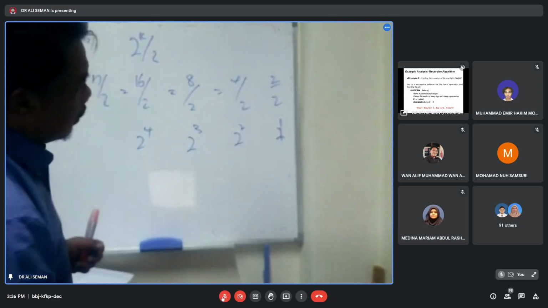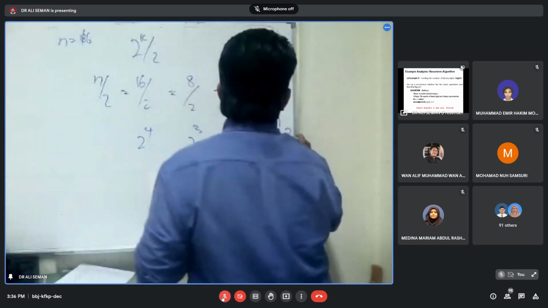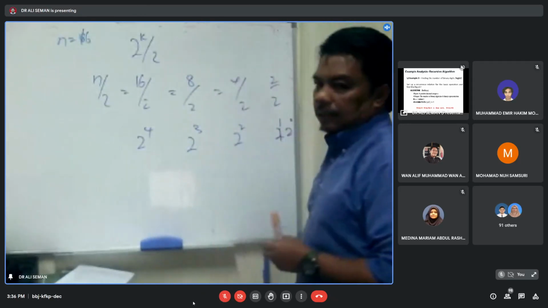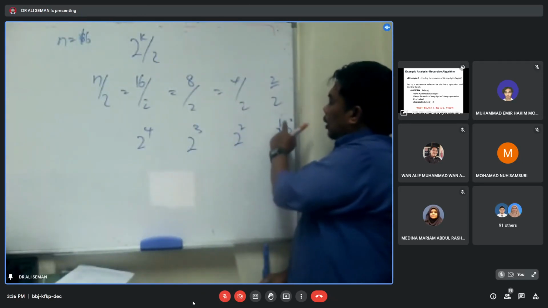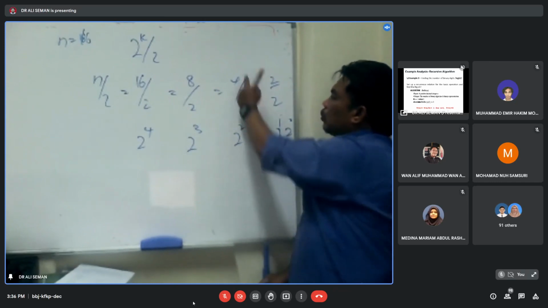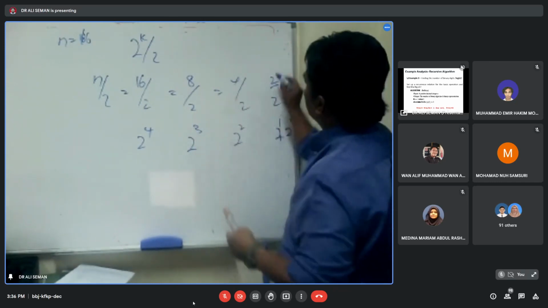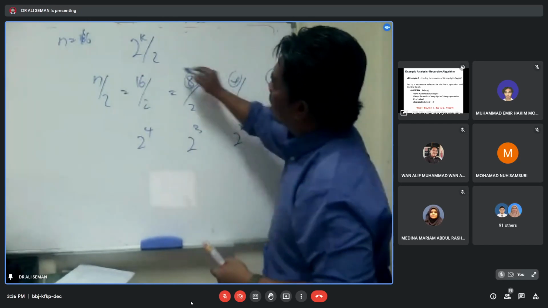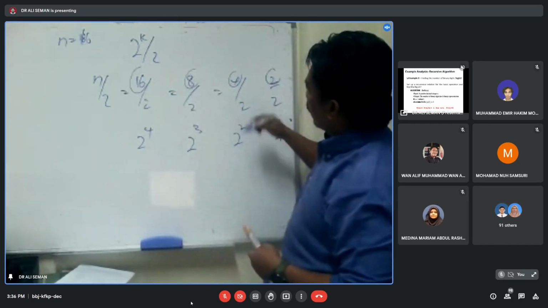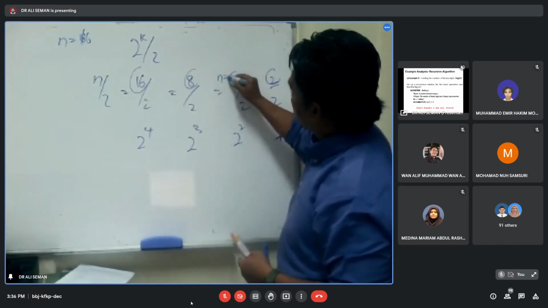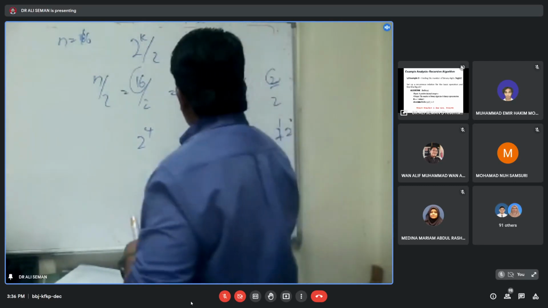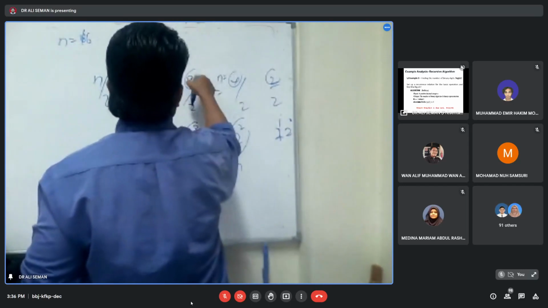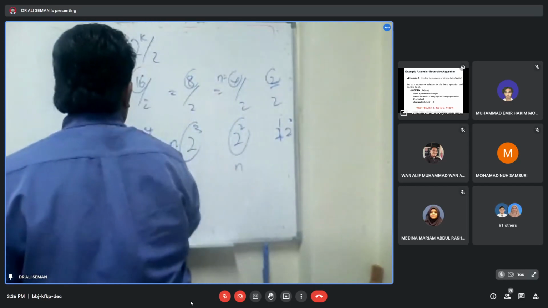Correct? 2 power 0 is 1. This is the pattern. 2 power 1 is 2, 2 power 2 is 4, this is n. Don't forget this n. 2 power 3 is 8, and this 16 is n.